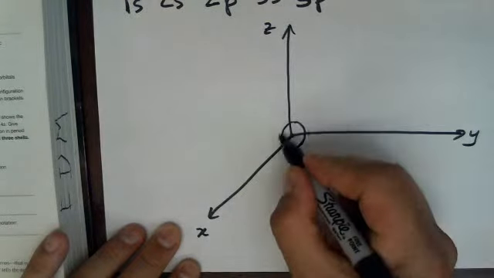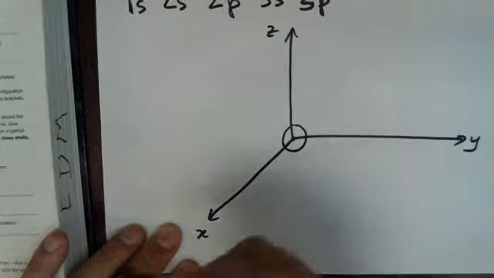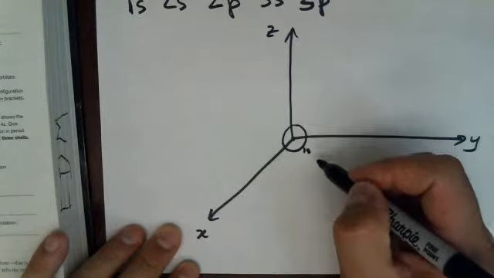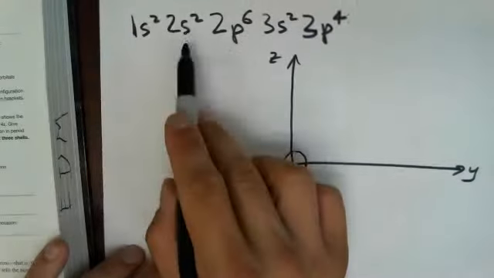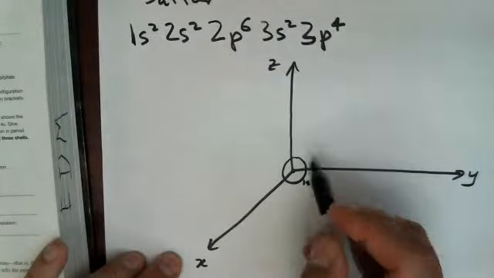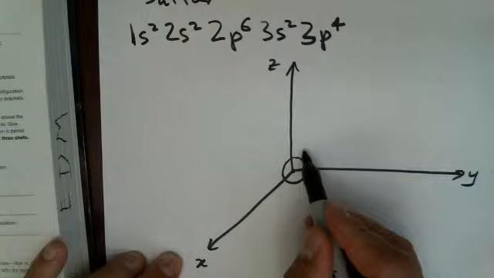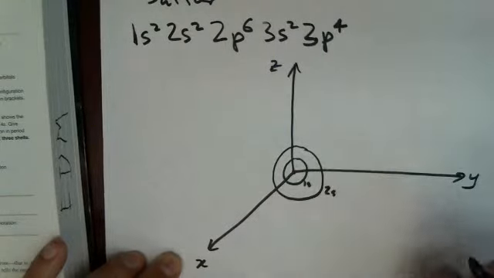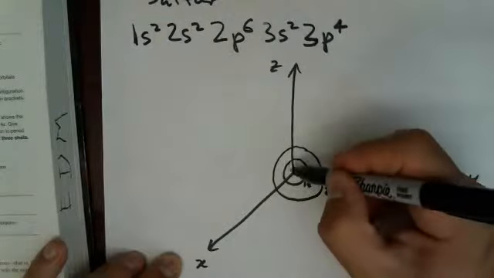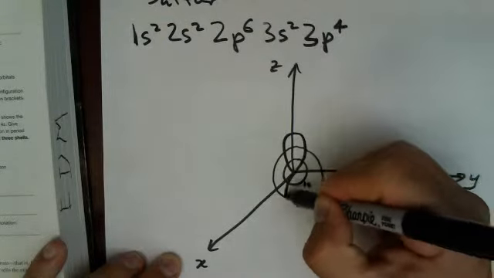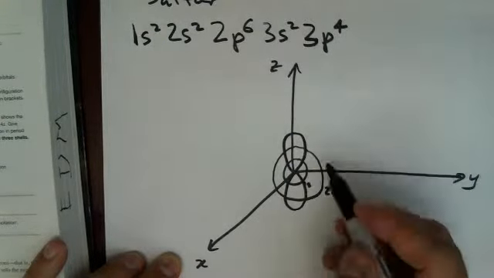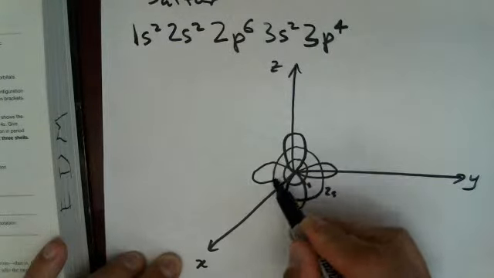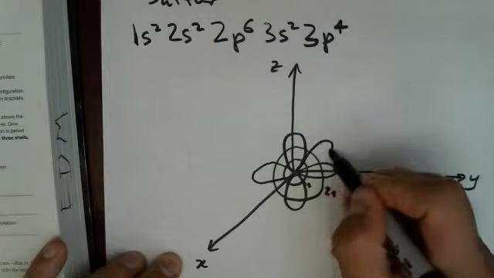Your first sphere would be your 1s, and this will get messy soon, but that would be your 1s. And then you go to the next one, which is the 2s, and so you'd have 2 electrons in this 1s. Then you'd have the 2s. Then we'd start with our 2p's. That would be the 2pz, the 2py, and then you'd have the 2px.